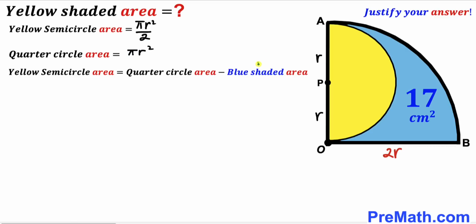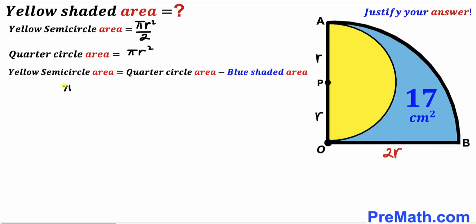And now let's recall this equation once again. The yellow semicircle area is equal to the quarter circle area minus the blue shaded region area. We already figured out the yellow semicircle area as pi r squared divided by 2, the quarter circle area as pi r squared, and the area of the blue shaded region has been given to us as 17. So let's fill in the blanks in this equation.